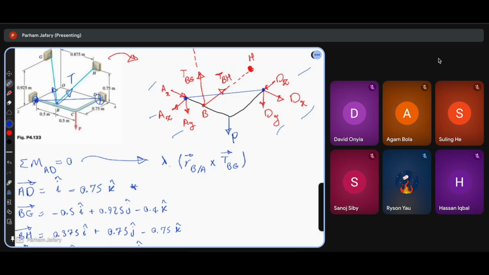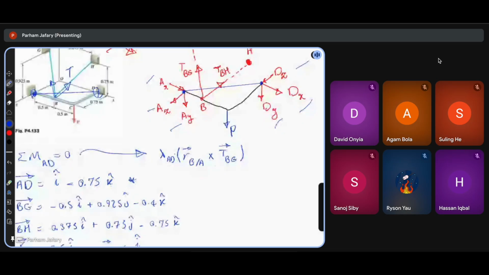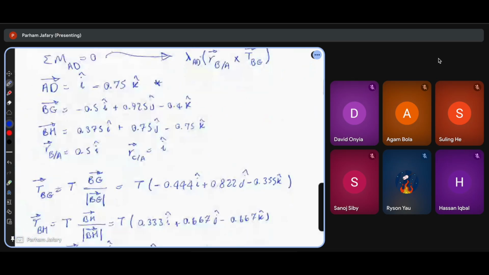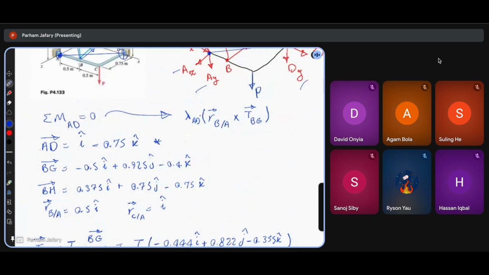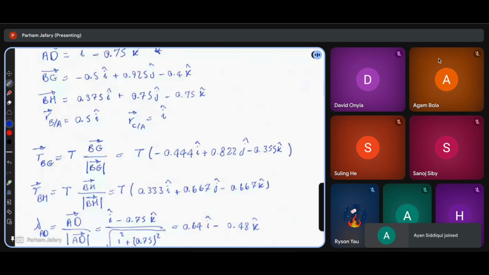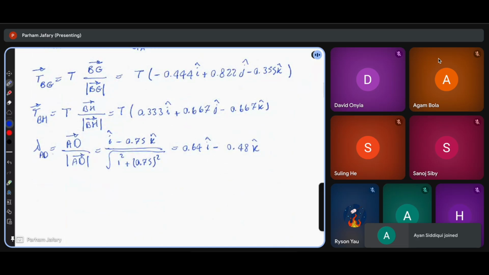Does it make sense? Lambda is the unit vector for line AD. Yeah. So for line AD, the vector is I minus 0.75 K. And we calculated the unit vector of it here. So lambda is that. Okay? Go ahead.